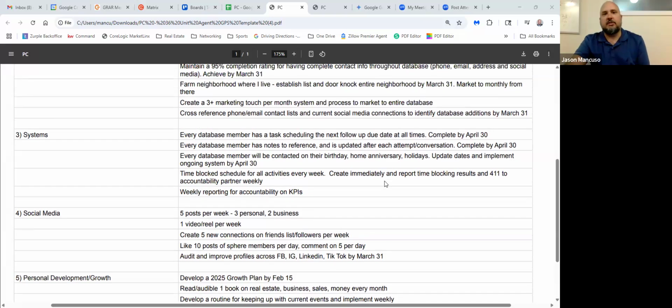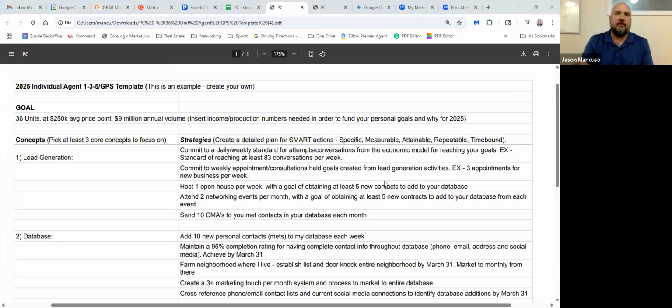And again, this is intended so that if you were to check off all the activities and actions on this list, on this plan, you would be reaching your goal by the end of the year.